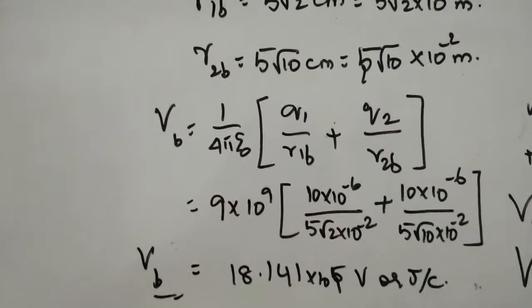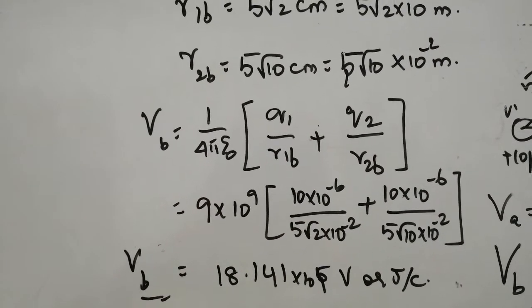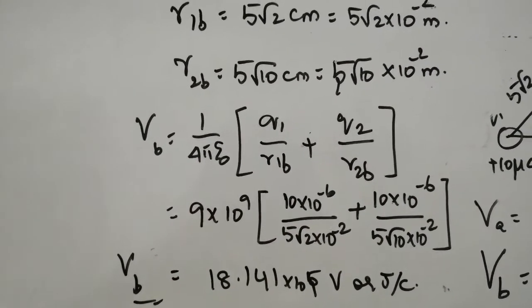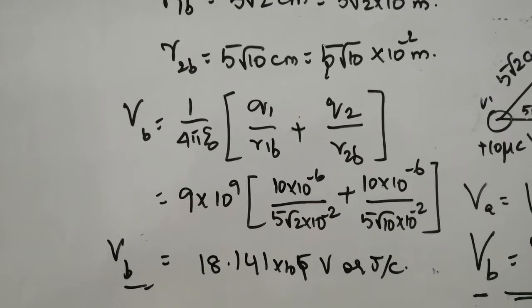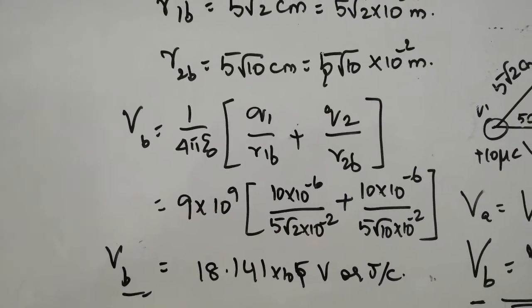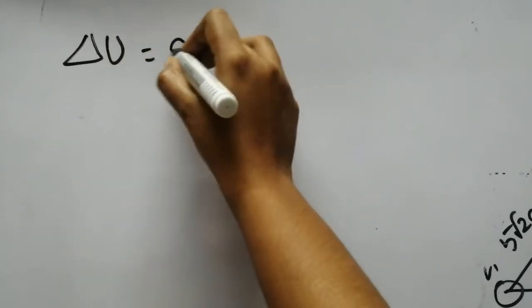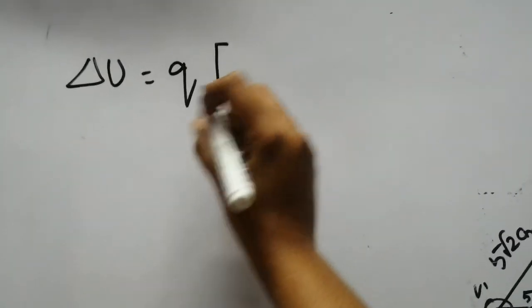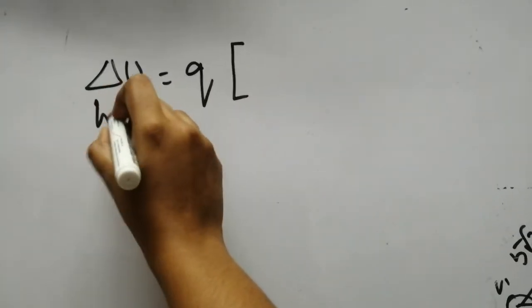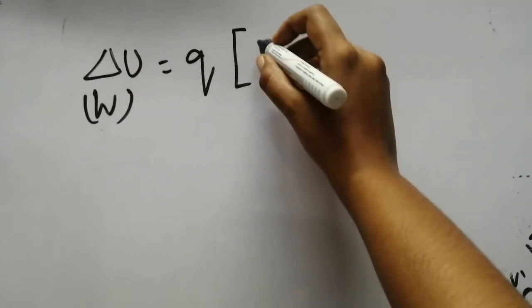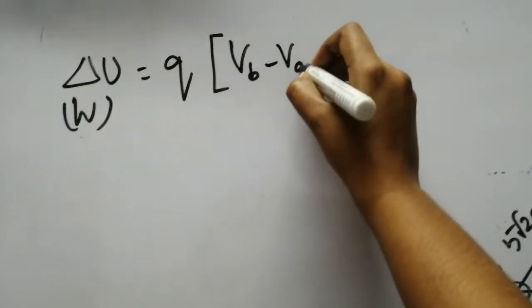We have got the VA value and VB value now. So we go for the first equation, the change in potential energy formula. The formula is del U is equal to my work done, which is equal to Q into VB minus VA.